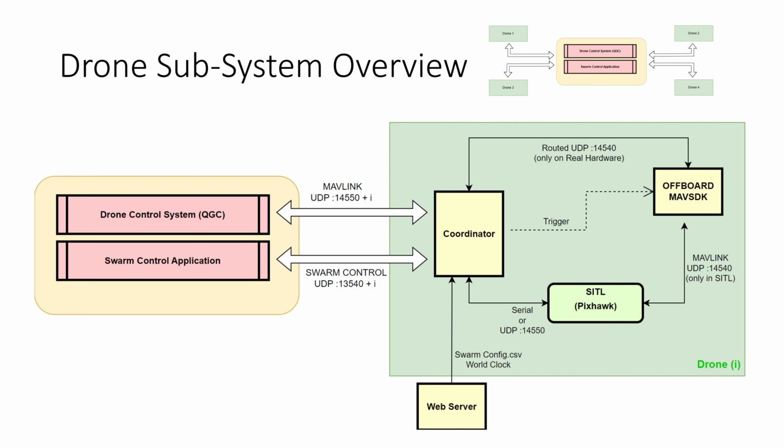It means drone 1 is going to be communicating on port 14551, and drone 2 would communicate on port 14552, and so on. There is another communication protocol here that is based on UDP as well, which is our swarm control. And that is happening on port 13541 plus the drone ID. Drone 1 would be basically 13541.